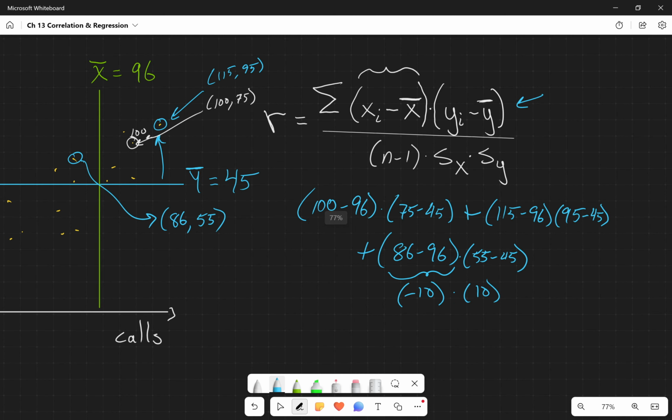So in a way, this term, being negative 100, is taking away from these terms, which are talking about the positive correlation, right? So this is going to be 4 times 30, so this is 120. This is going to be 19 times 40, whatever that is, which is a lot. And so this is going to detract from that.